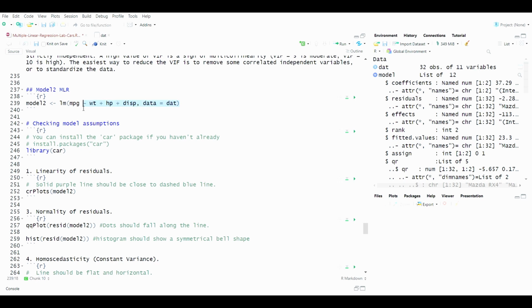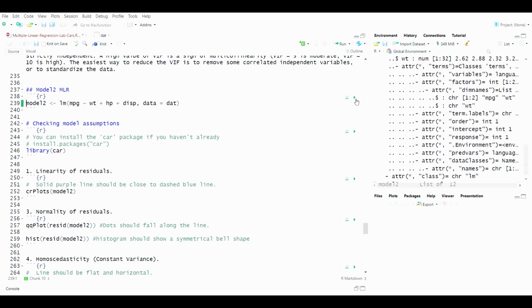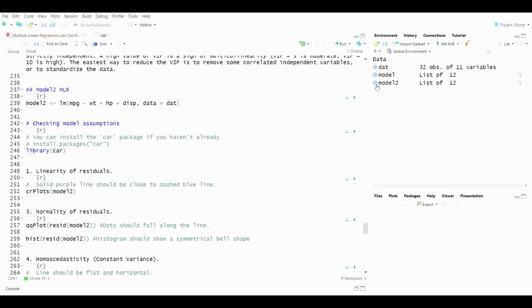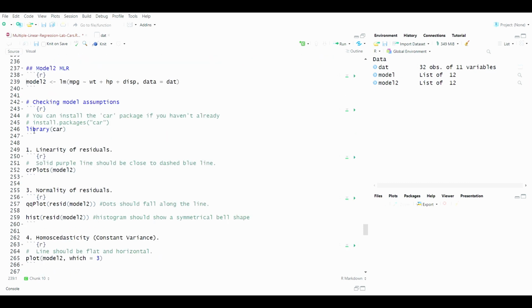And we'll take all this and we'll store it in something called Model 2. Run this chunk, and we have now created Model 2, which is also a list of 12 things inside.